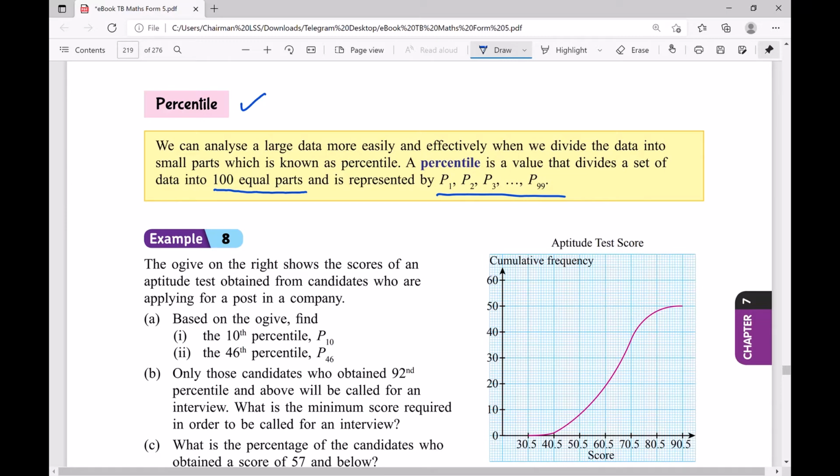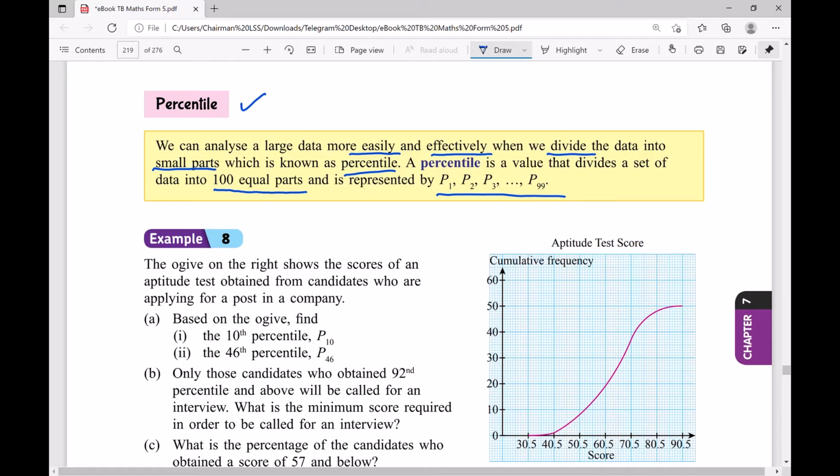P1, P2, P3, first percentile, second percentile. It depends on the question. And actually, we can analyze the data more easily and effectively when we divide the data into small parts, which is known as percentile.